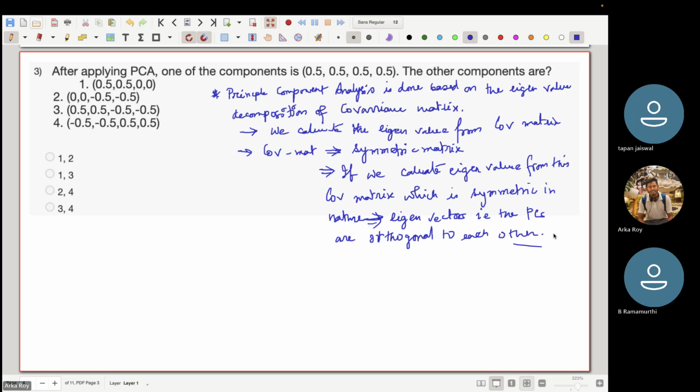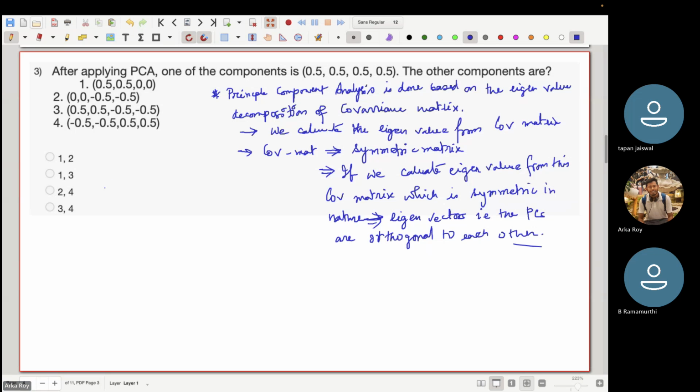So till this point, we were doing the linear algebra, matrix based algebra. Now, if you go to vector algebra, we know that if two vectors are orthogonal to each other, that means their dot product should be zero.